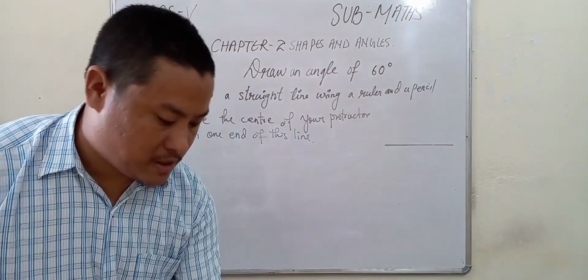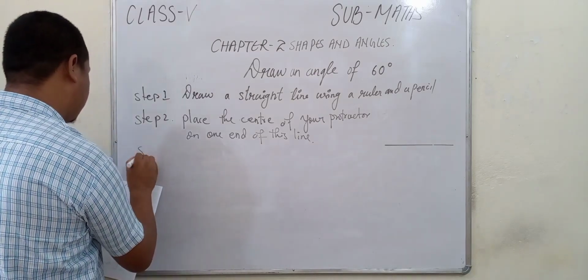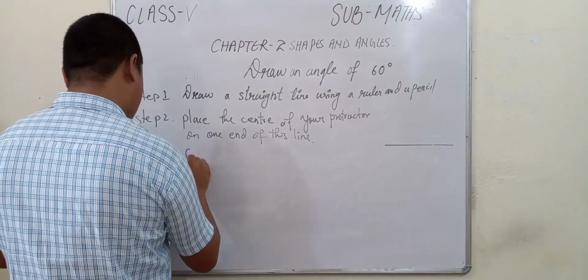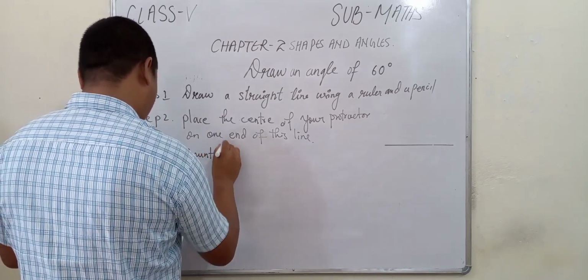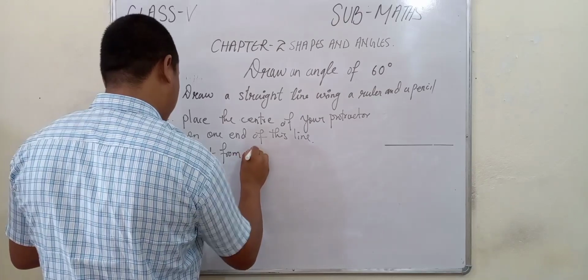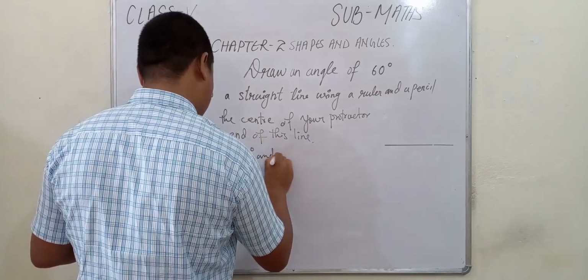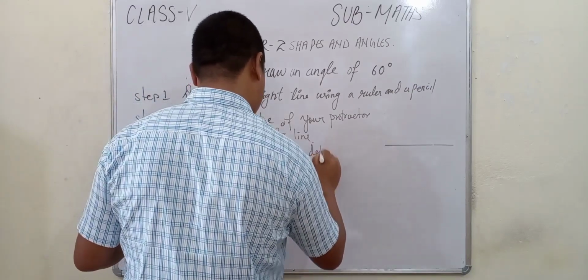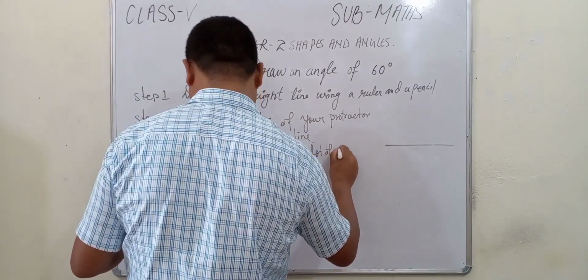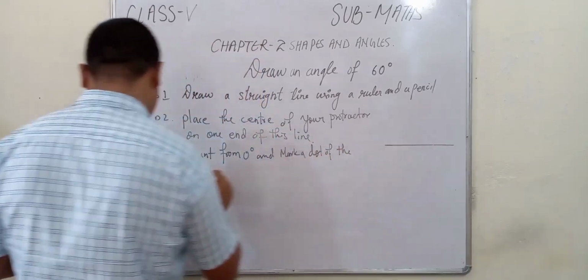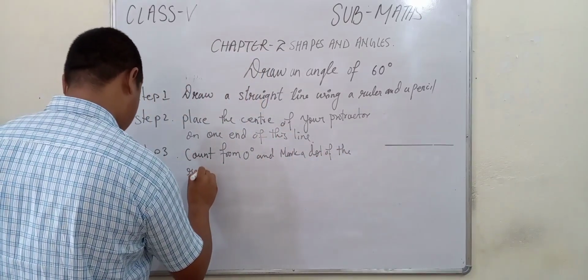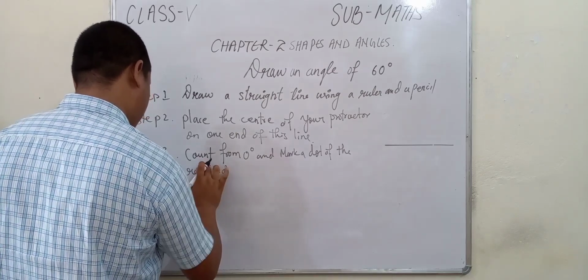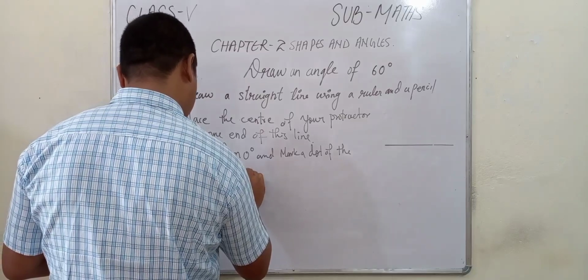After that, step 3: count from 0 degree and mark a dot of the required angle.